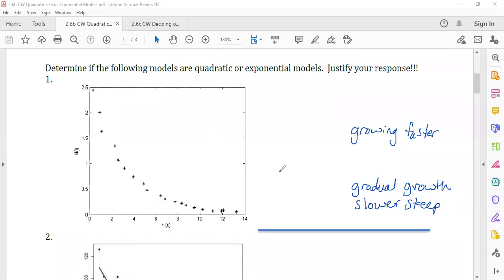It says determine the following models. Taking a look at the first one, we're going to do this through polls, and I'm going to take your guesses. So I will launch the poll for number 1. Do you think this is an exponential function or a quadratic function?